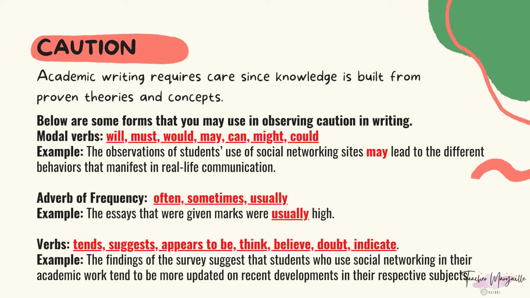When you use tends, suggest, appears, or appears to be, think, believe, doubt, or indicate. For example, the findings of the survey suggest that students who use social networking in their academic work tend to be more updated on recent developments in their respective subjects. So suggest is the verb.